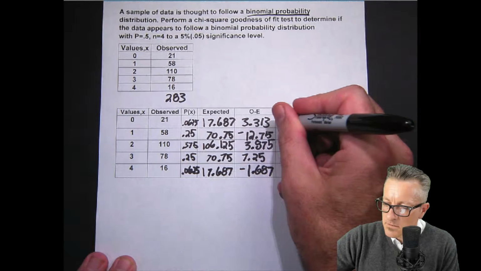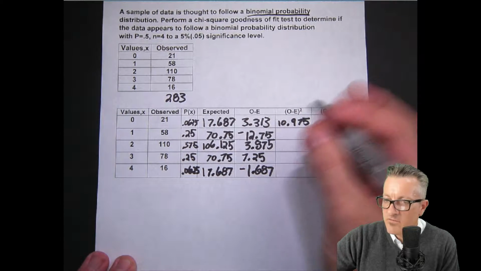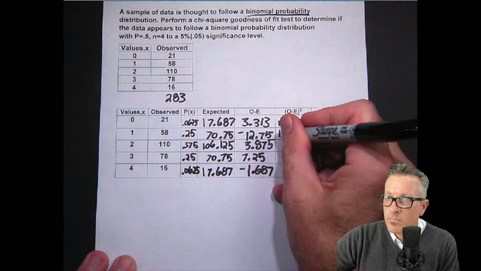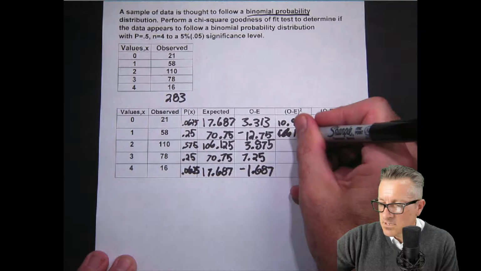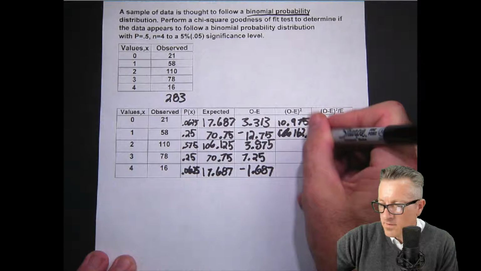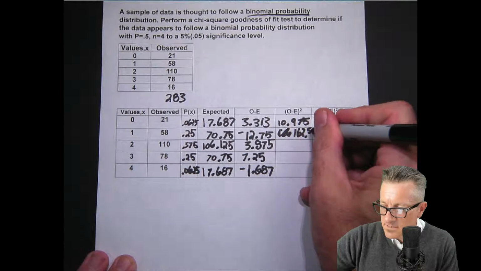it is 10.975, 162 point, and then it's 562.